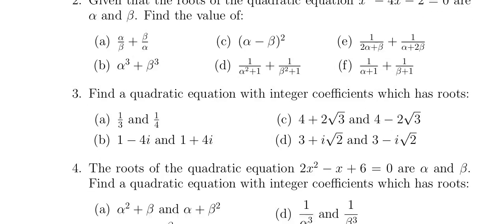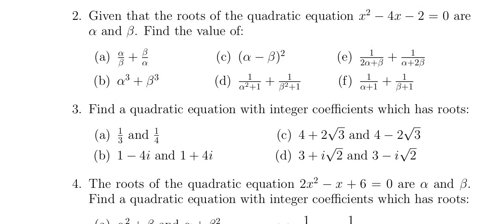Then your second question is simply about roots. So here you need to remember that alpha plus beta is equal to negative b over a, and alpha times beta is the same as c over a.